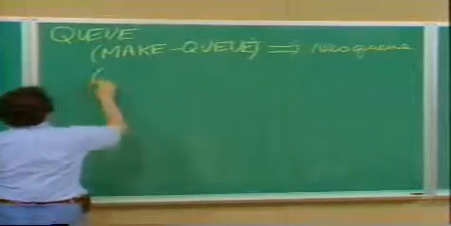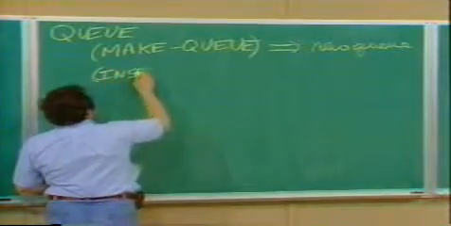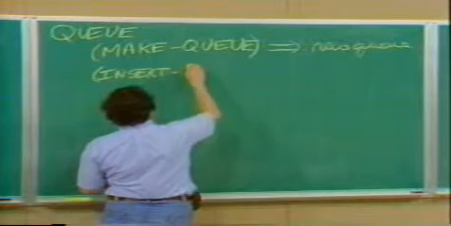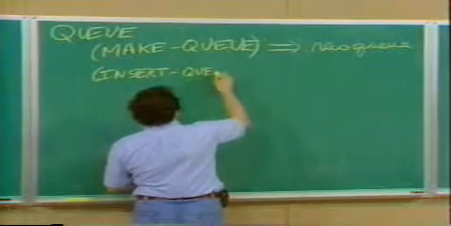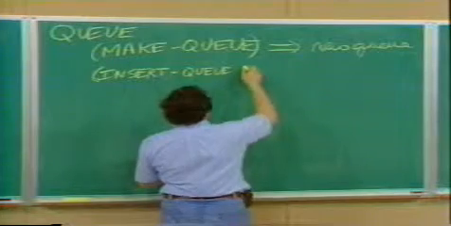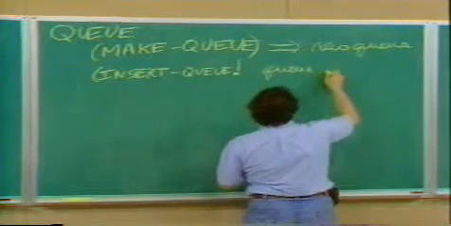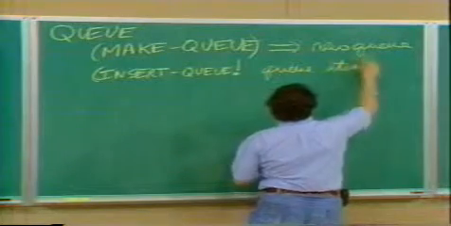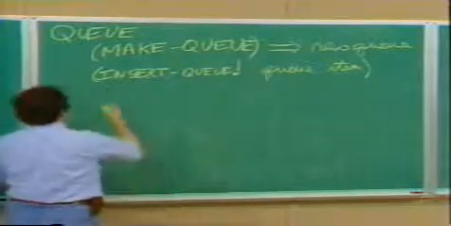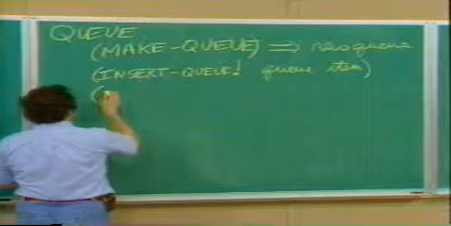I'm going to have to be able to insert into a queue a new item. I'm going to have to be able to delete from a queue the first item in the queue.